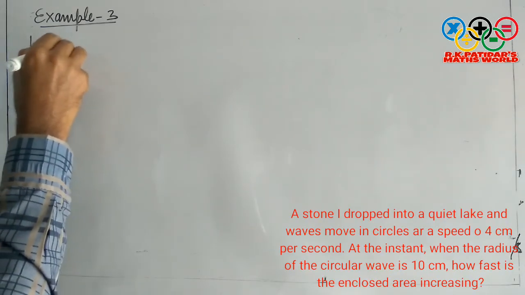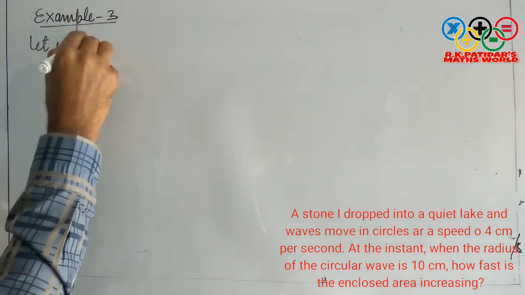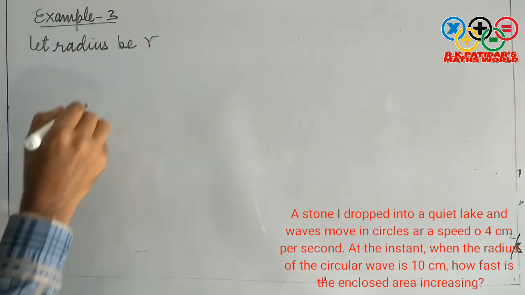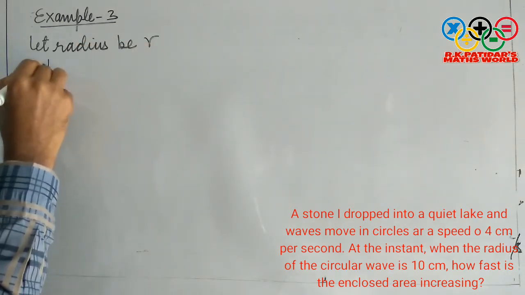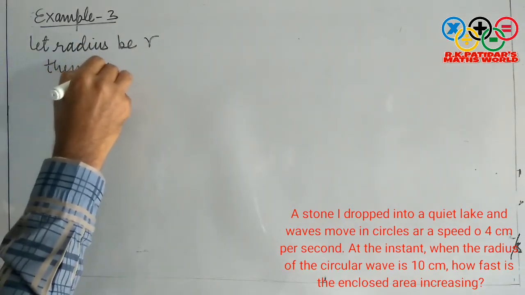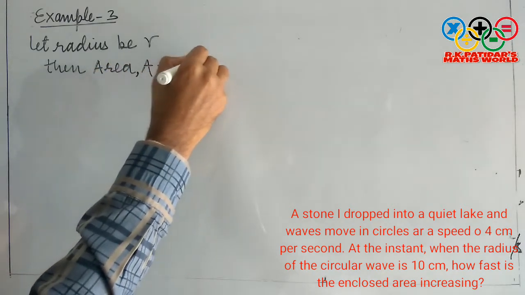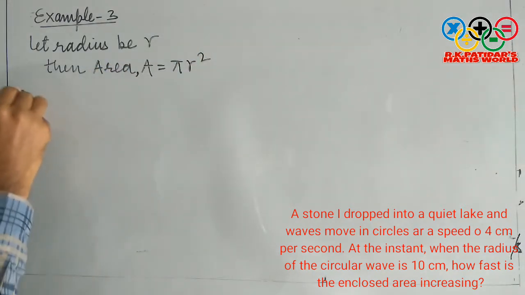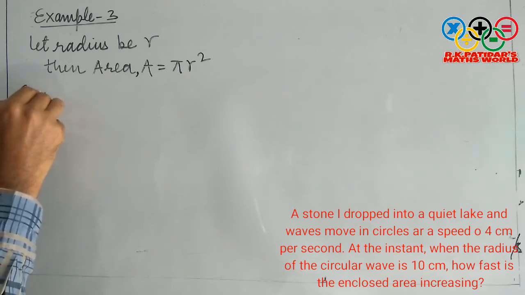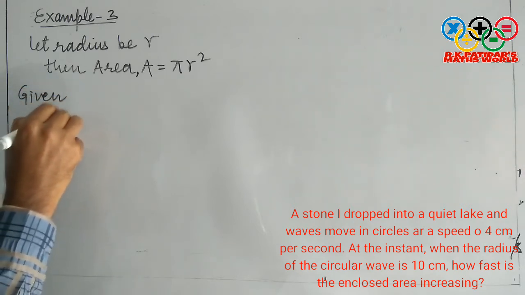Here we assume let the radius be r, then area A is equal to pi r square. Now what is given in this question?